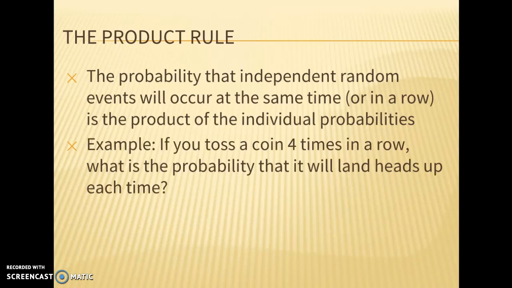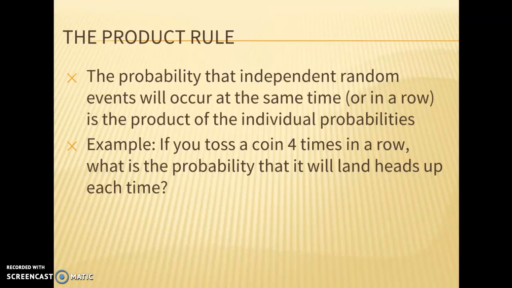All right, let's take a look at this example. If you toss a coin 4 times in a row, what is the probability that it'll land heads up each time? So in this instance, we're going to be tossing it 4 times, and we want to know what the probability is that it'll land heads up each time. Well, we know that for every time, there's a 1 out of 2 chance that it's going to happen, or half a chance, 50%.